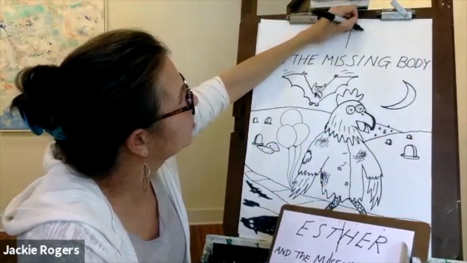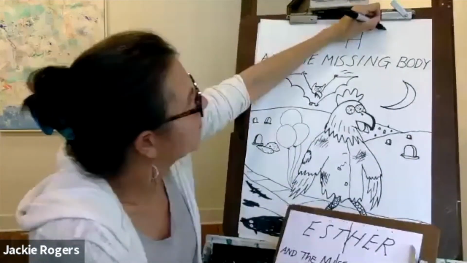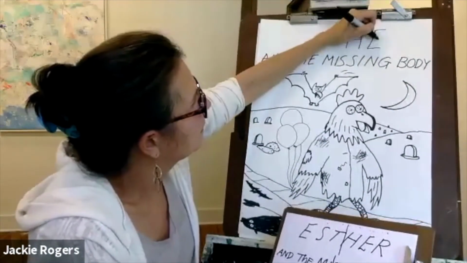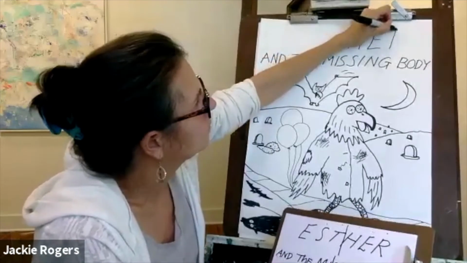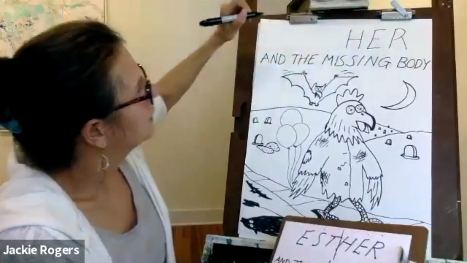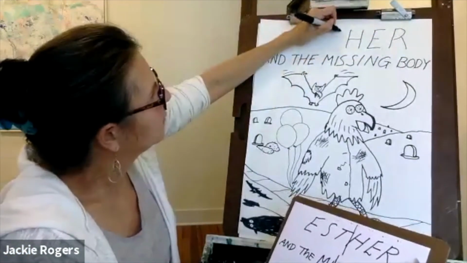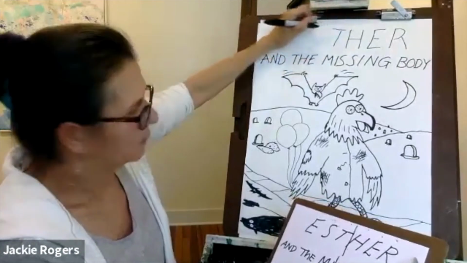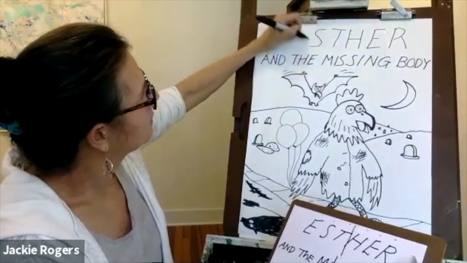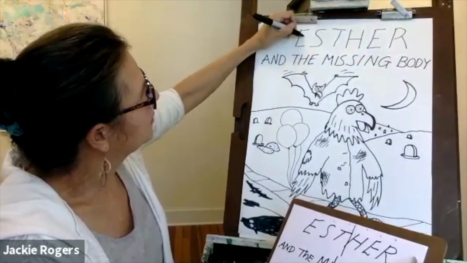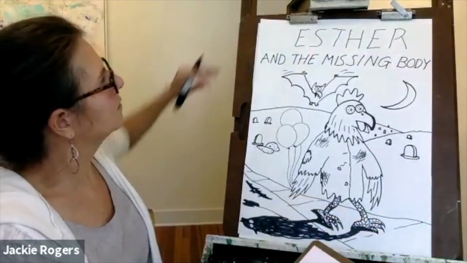Do an H, E, R, and then a T. I'm going this way now. S, and an E. And it should be pretty centered. There's a little more room over here.